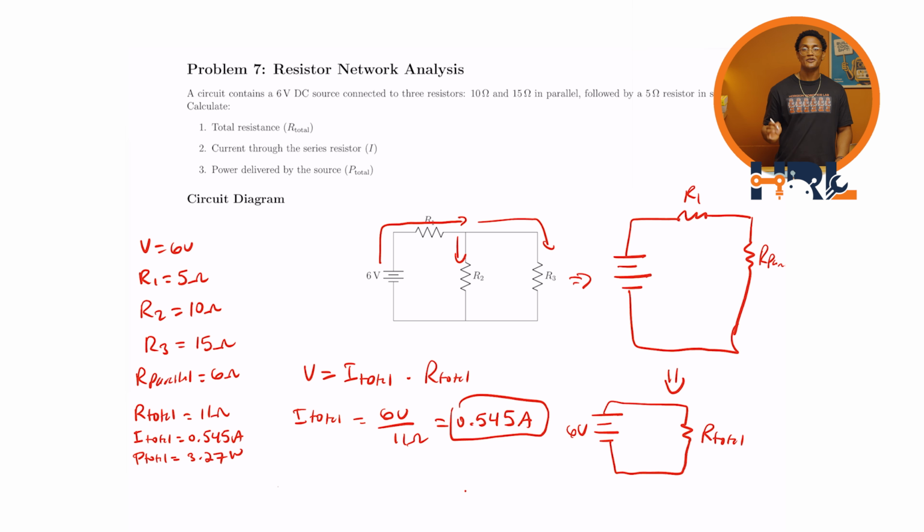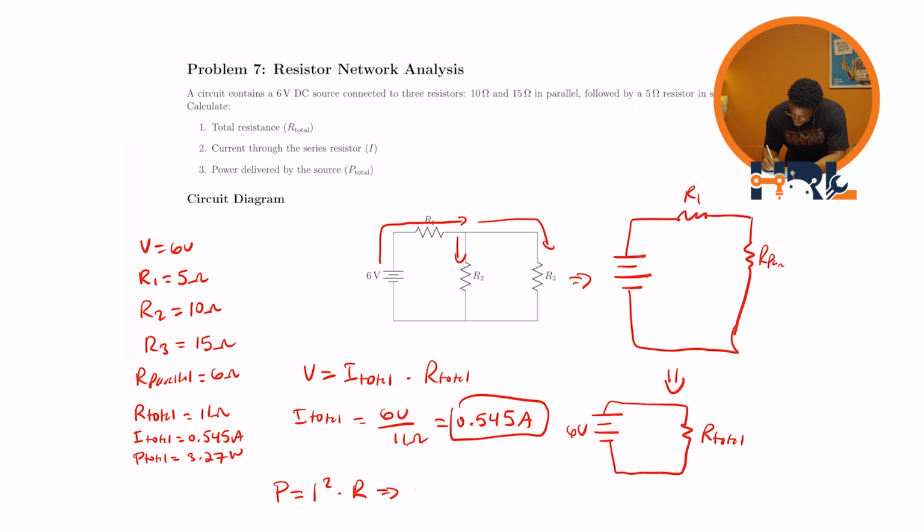Before we finish up, to verify that you calculated everything correctly, all you have to do is verify the power equation, since it's dependent on the previously calculated current and total resistance. There's another equation that we can use to calculate power, and that equation is P is equal to I squared times R. If we plug in the values that we got in our problem into this equation, we should see 3.27 watts.